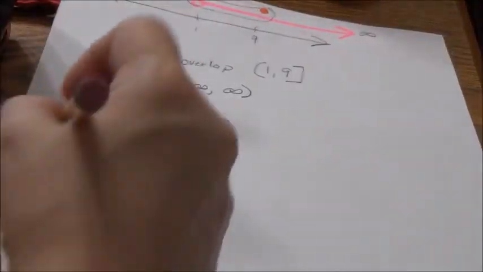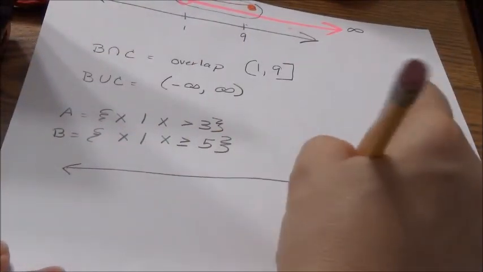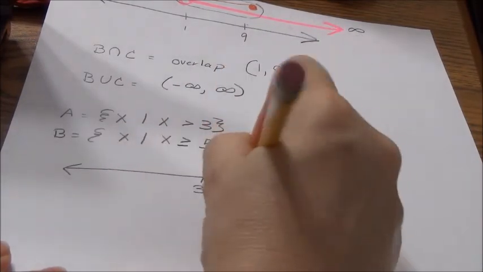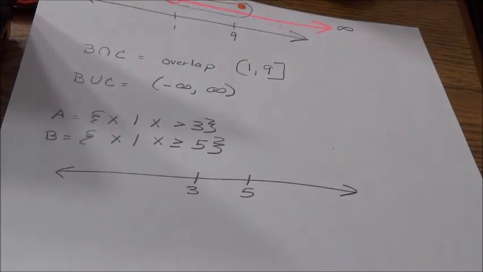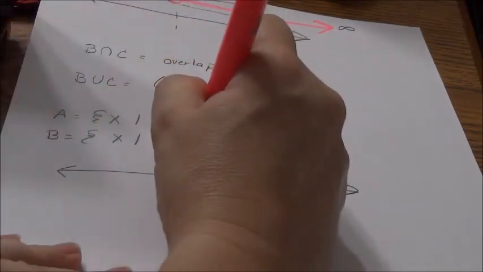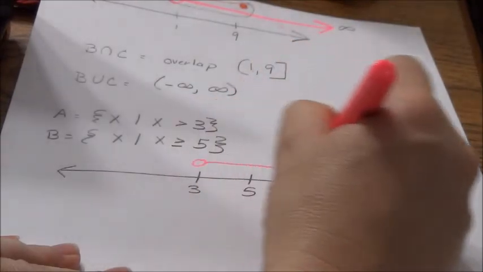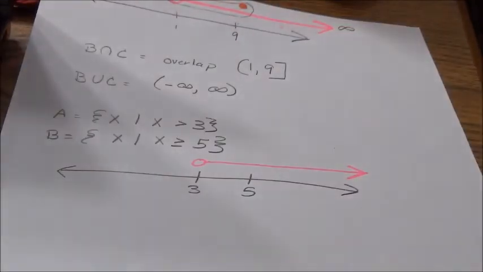So if that was my question, and I make my number line, I have 3 and I have 5 on my number line. On the first one, I said that X was greater than 3, so I would have an open circle at 3 going everything greater than, which means everything up to positive infinity.